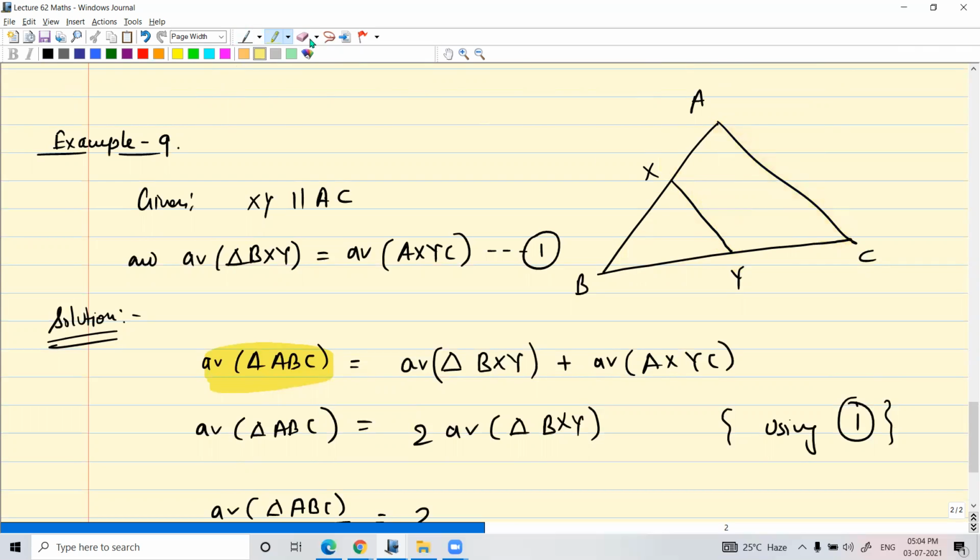So what will happen? Corresponding angles will be equal, right? Angle A will be equal to angle X, angle C will be equal to angle Y. And of course, B will be the common angle between them.